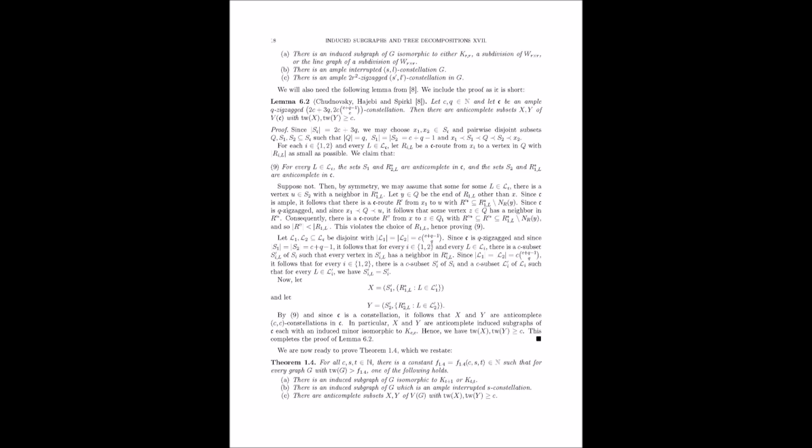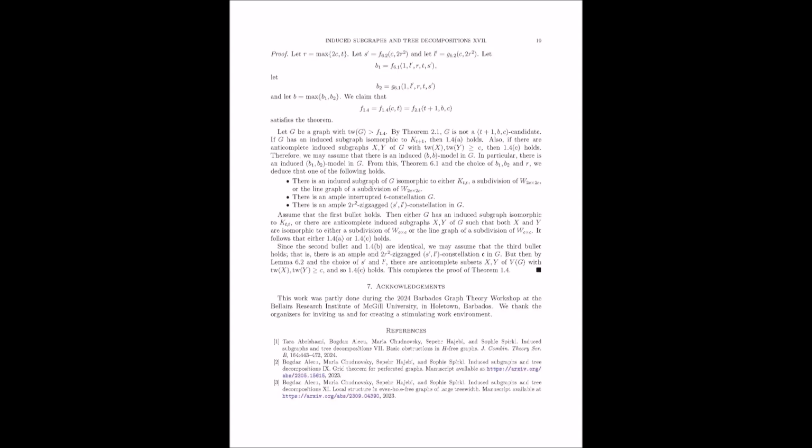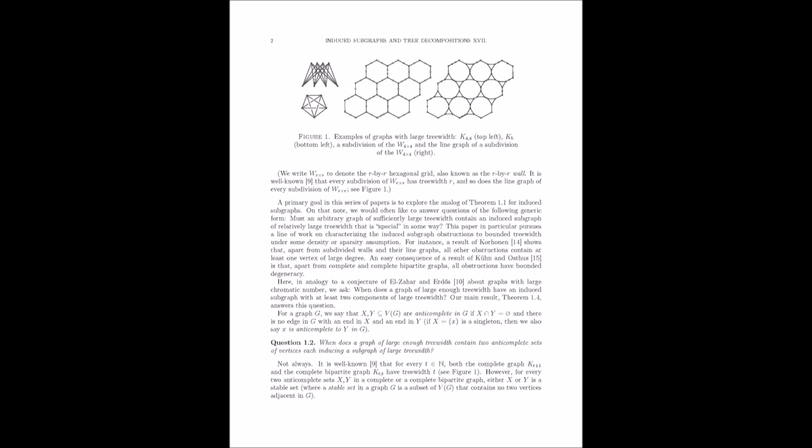And that's actually a consequence of a previous result by the authors, which they actually reprove using Theorem 1.4 in this paper. Oh, wow. So it's not only solving our main problem, it's powerful enough to actually reprove a previously established result. It really speaks to the strength of the theorem. So we've dealt with complete graphs, complete bipartite graphs, even induced minors of complete bipartite graphs. It's time to face those ample interrupted S constellations. Head on.